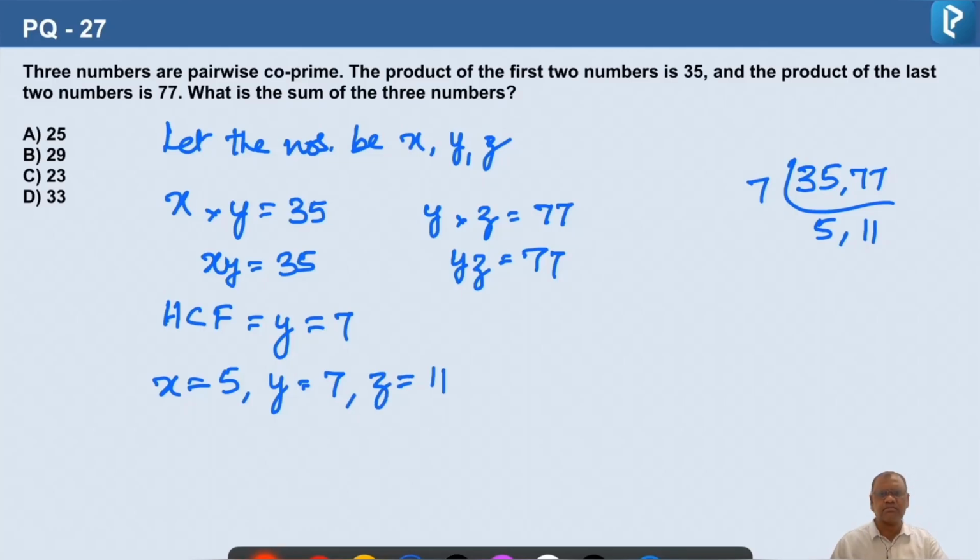So the sum x plus y plus z is 5 plus 7 plus 11, which is 12 plus 11, 23. The answer is 23. Option C is the correct answer.